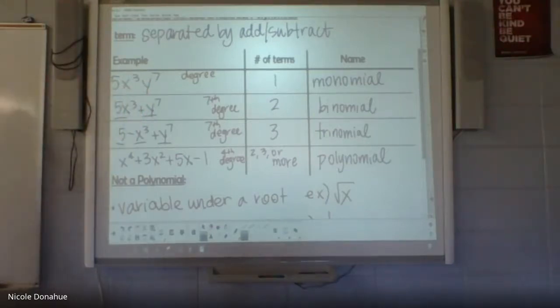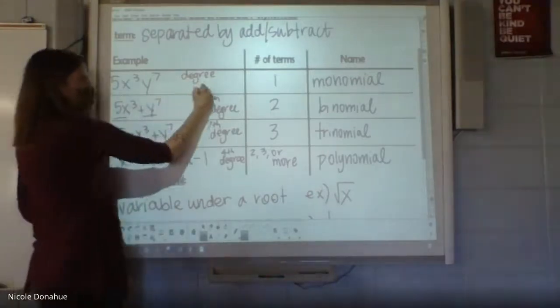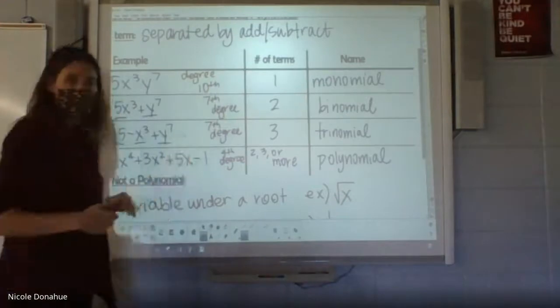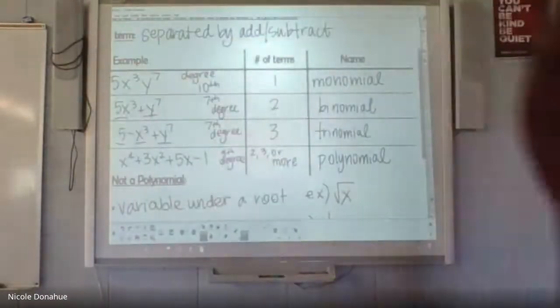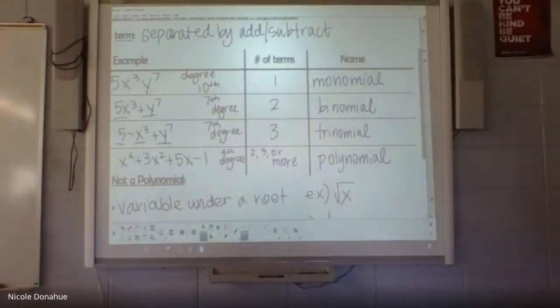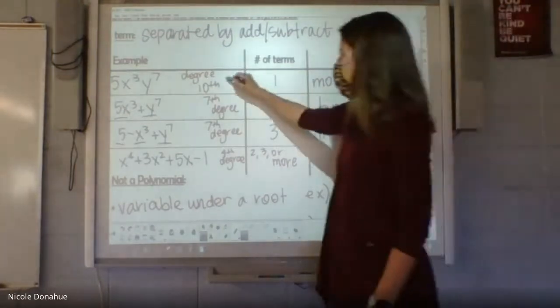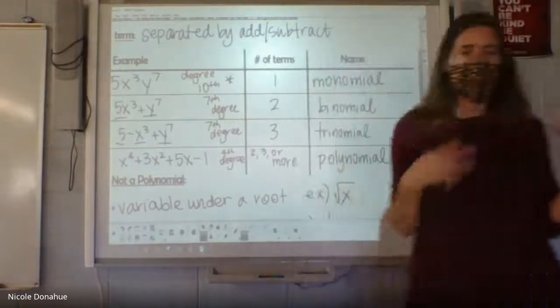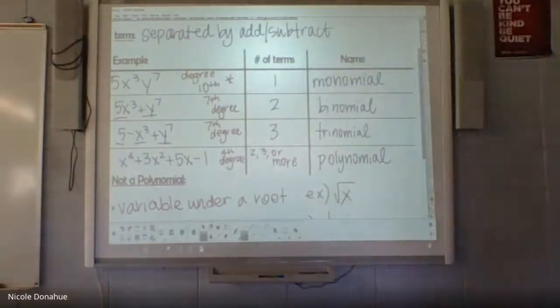So this would be degree 10. This is kind of a strange one. So this would be a 10th degree polynomial because of the 2 powers there. We won't see one like that very often, so maybe make a little star there. There won't be 50 questions like that, but you should understand that the degree can change like that.